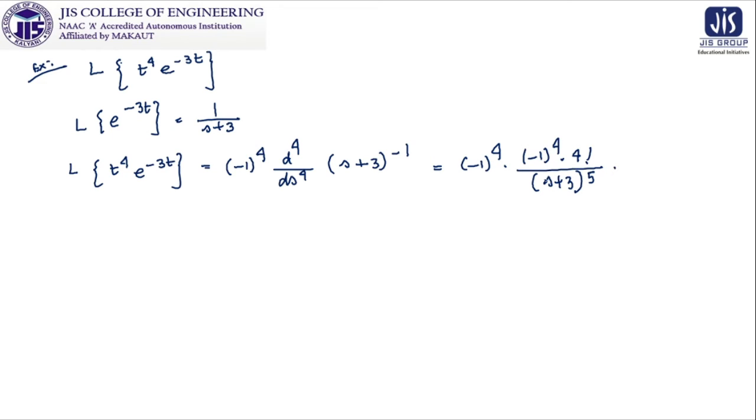This is the general formula. So finally we can write it as 24 by (s plus 3) whole to the power 5.